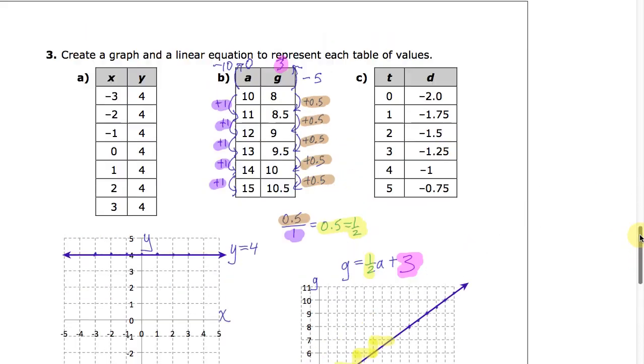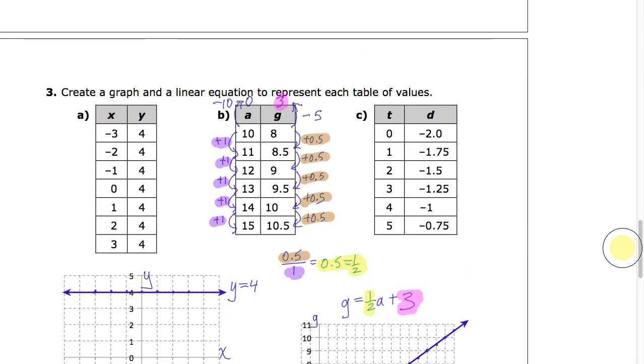So now the last relationship here that we have between two variables is between t and d. Let's take a look at the change in d.